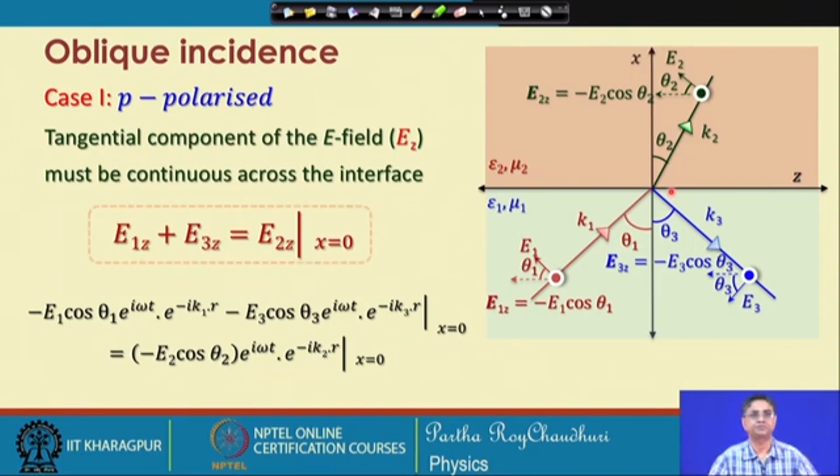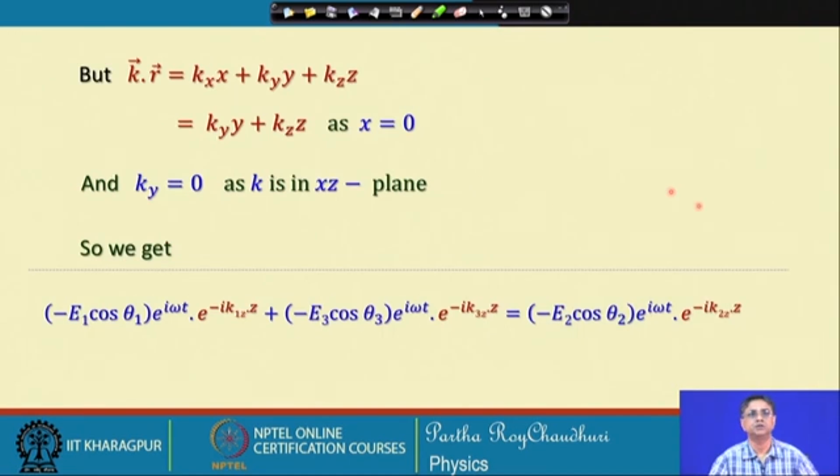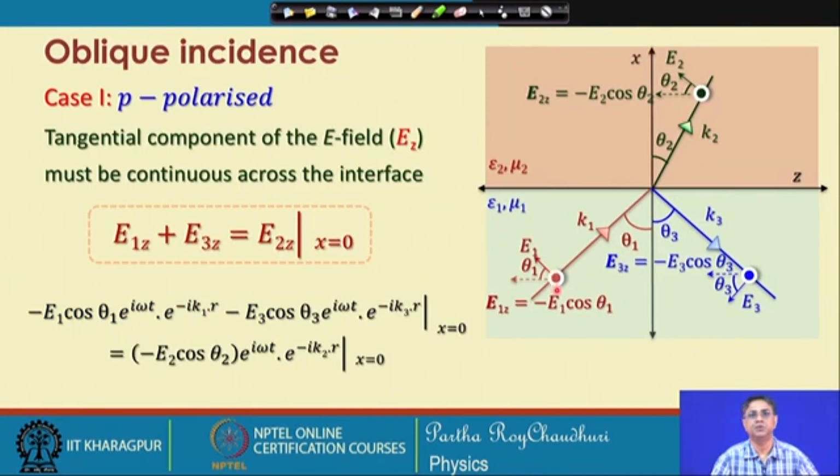Let us see now, k dot r in general is equal to k x x plus k y y plus k z z. Because we are considering the refraction at x equal to 0, x equal to 0 gives you k dot r equal to k y y plus k z z. Further, if you look at the configuration, there is no y component of the electric field.